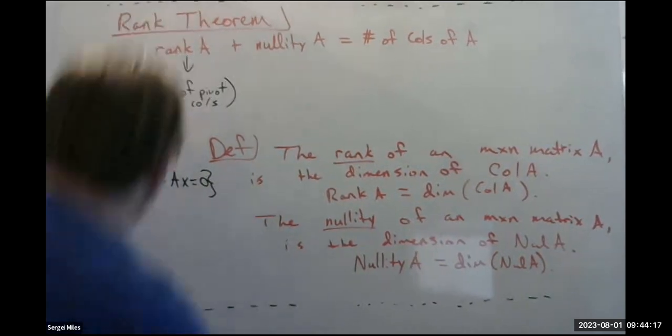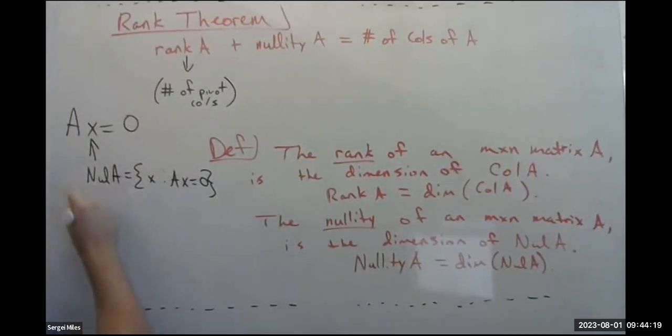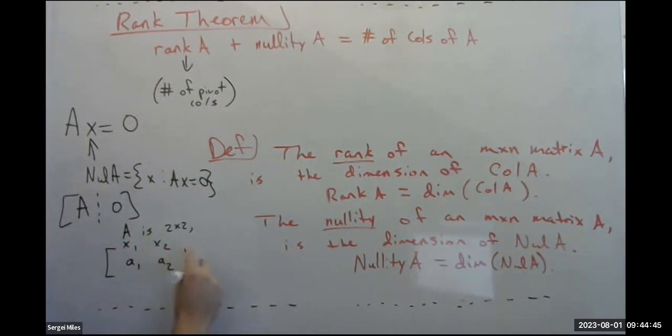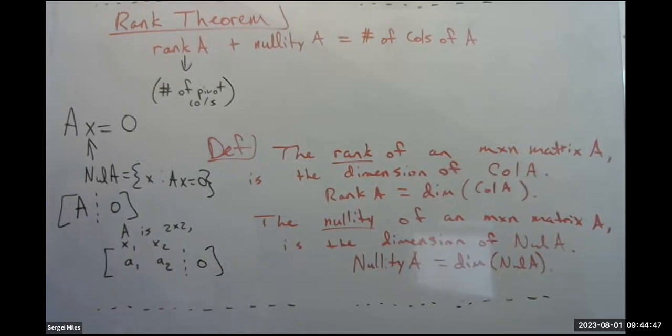But when we're trying to solve for these x's, this means solving the augmented matrix. For example, if A is a 2 by 2, then we have two variables. We have two columns, A1 and A2.